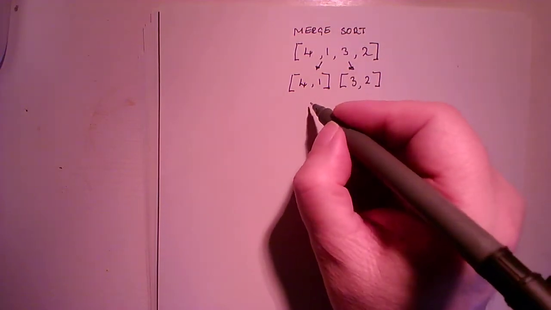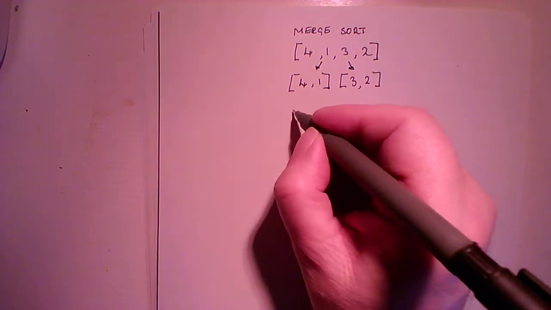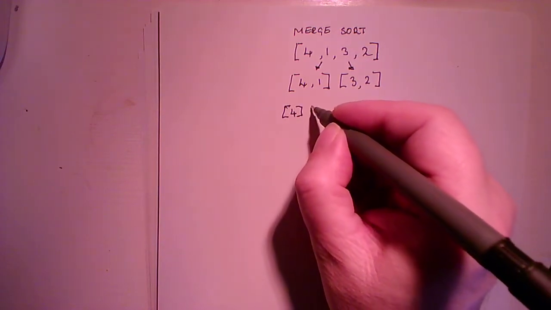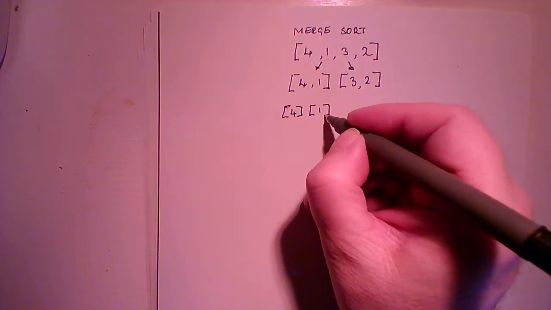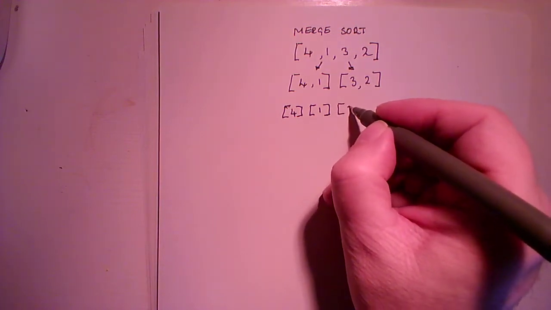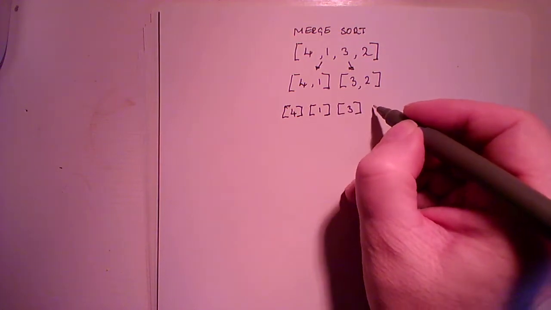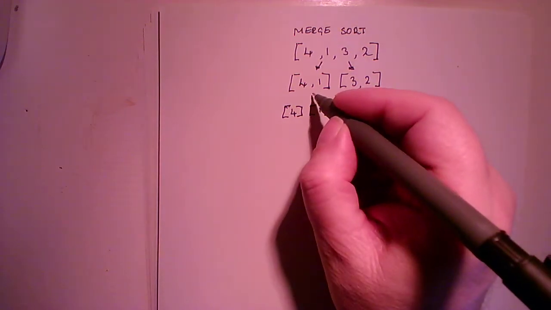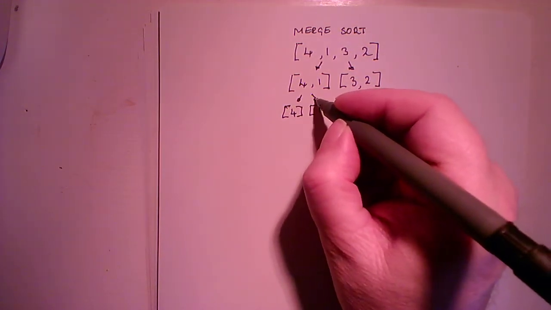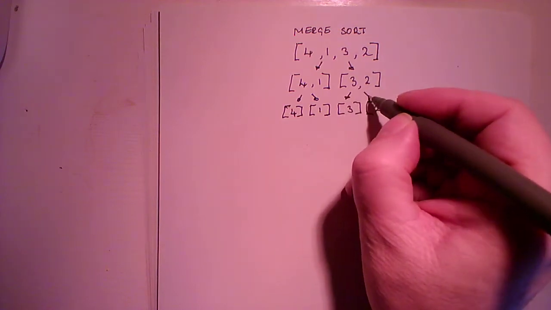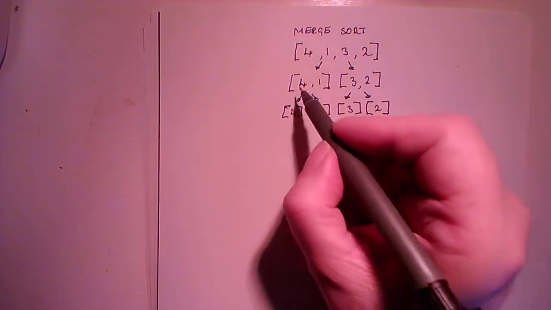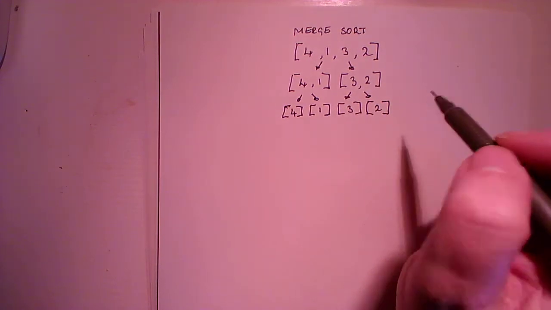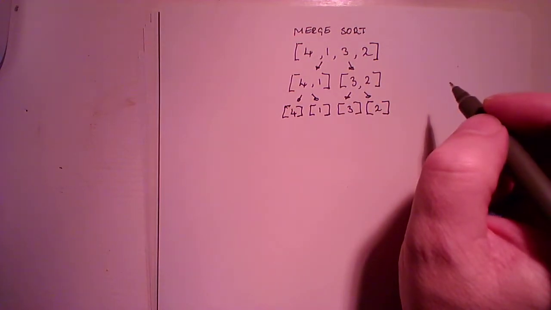And if I break this one down, I'm going to get a single item in one list, and a single item in another list, and a single item in another list, and a single item in another list. So I've broken this down into single items. I took my original list and broke it down into lists containing one item. Then I'm ready to start the merge sort.